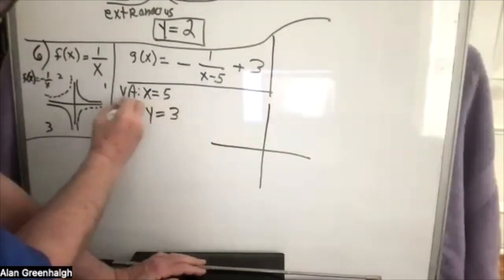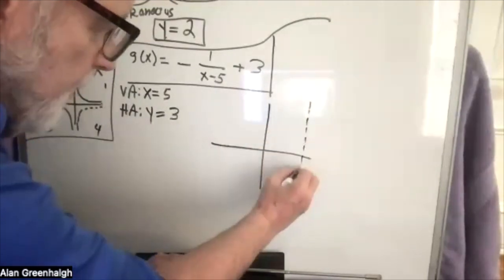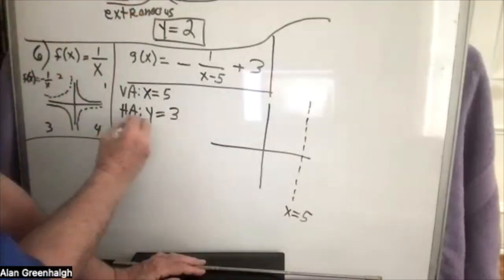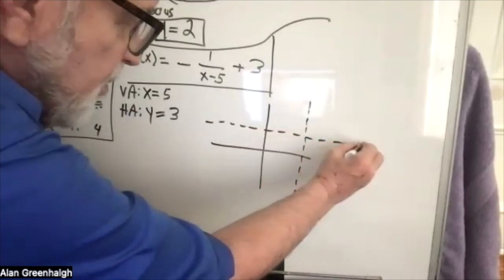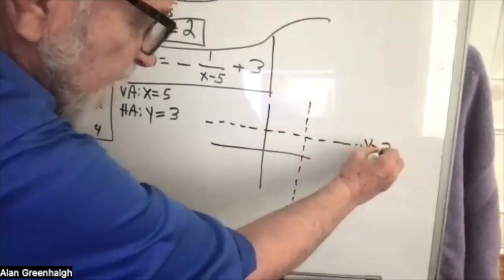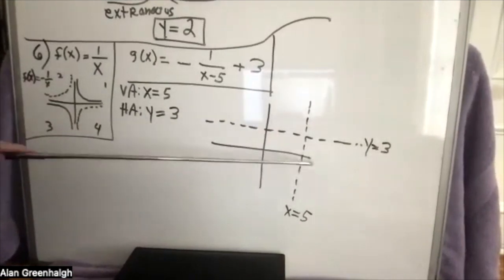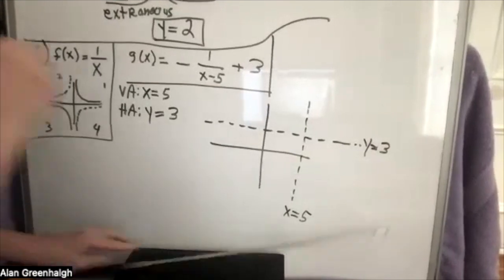The new vertical asymptote will be x equals 5. The horizontal asymptote will be y equals 3. Now we don't even need the old x-axis and y-axis because we have a new set of axes.